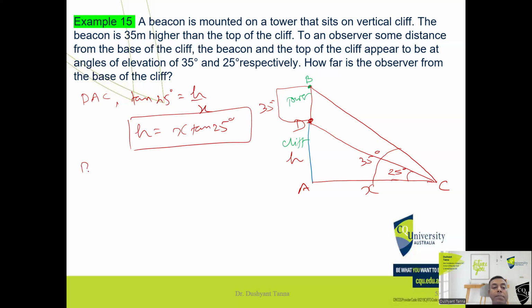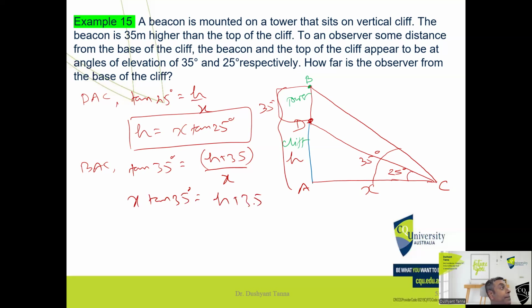For the whole triangle BAC, tan 35 is H plus 35 over X, isn't it? H is there, 35 is top of. So the whole height is H plus 35, right? So X tan 35 is equal to H plus 35. Am I mixing up? No, it's 35 everywhere, so don't worry. Angle is also 35, height is also 35, so that's how the question is.